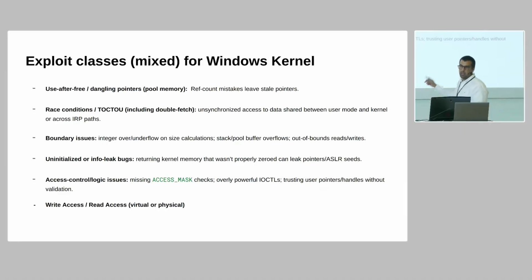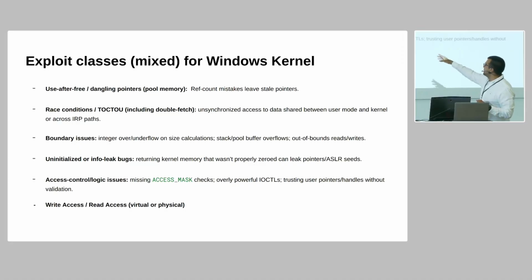Uninitialized or info leak bugs could come as well from a use after free, and then you get an info leak. In the kernel, at least in Windows, this could be used, for example, to get the base address of other drivers or of the NTOS kernel itself. There are some functions at this moment that you can use for that, coming from Microsoft, but it will change in the future.